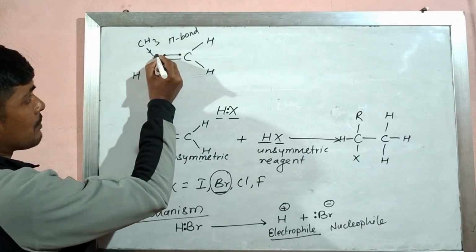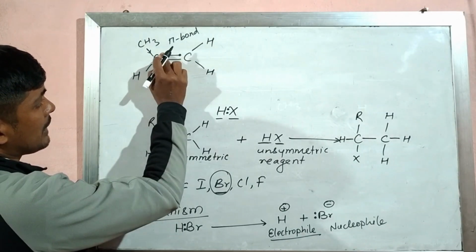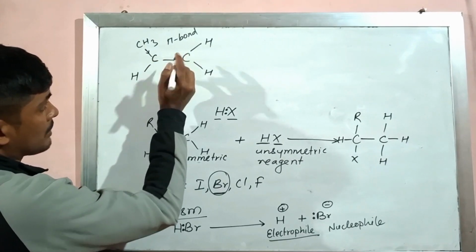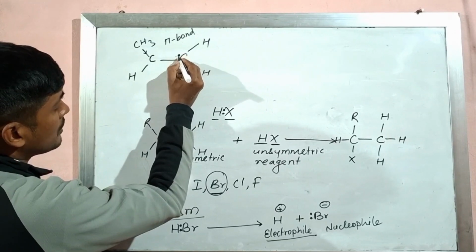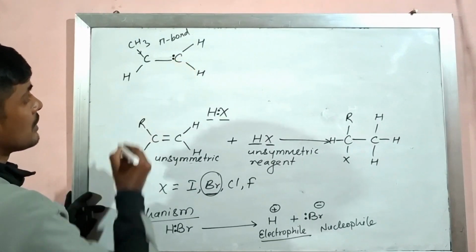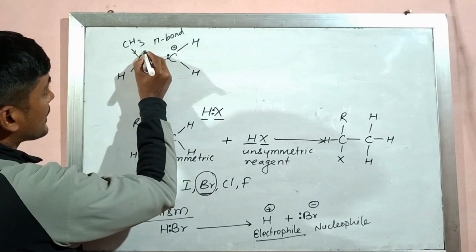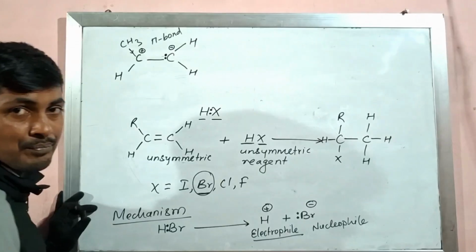So this carbon leaves this electron, and due to that both the electrons move towards the other carbon atom, due to which it develops a slight negative charge and the other develops a slight positive charge.